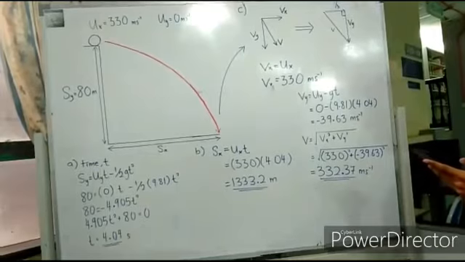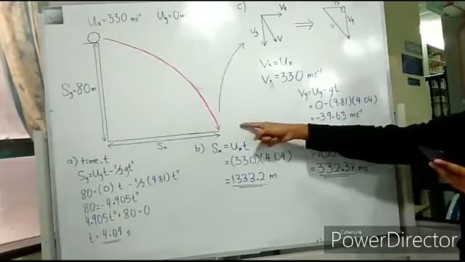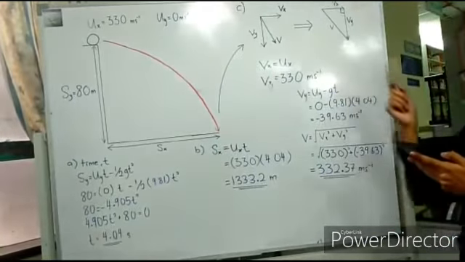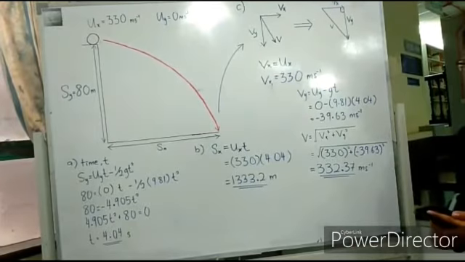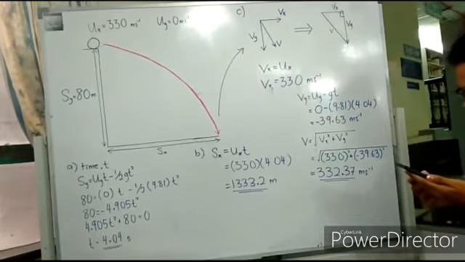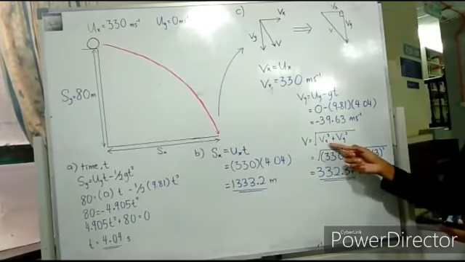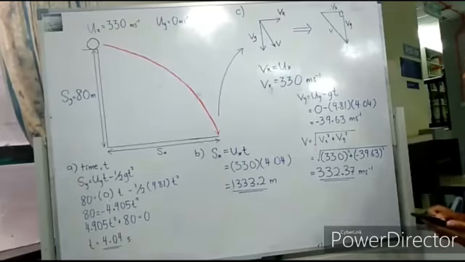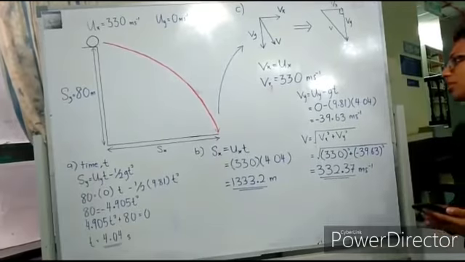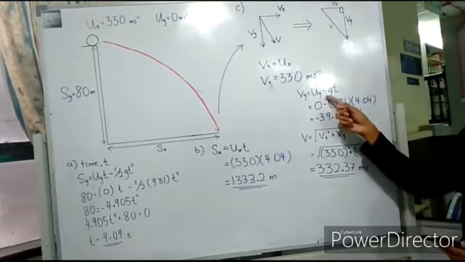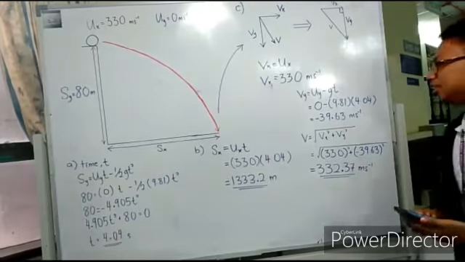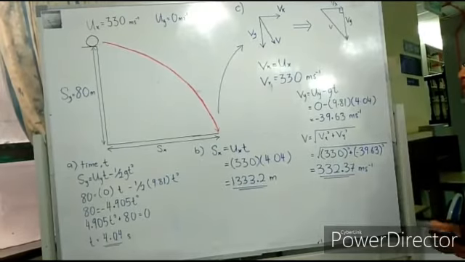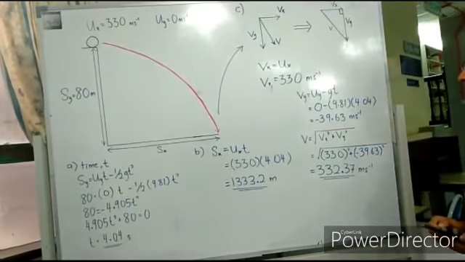To find the velocity it will strike at this point, we can derive the components of v and use the Pythagoras theorem. The value of vx is equal to ux, which is 330 m/s. For the value of vy, we can calculate by using the formula vy equals uy minus gt. 0 minus 9.81 multiplied by 4.04 equals negative 39.63 m/s.